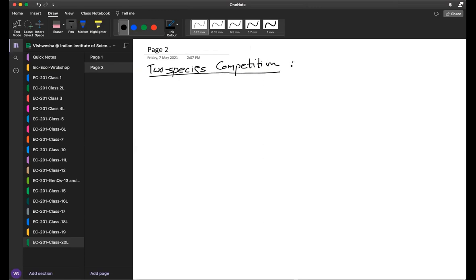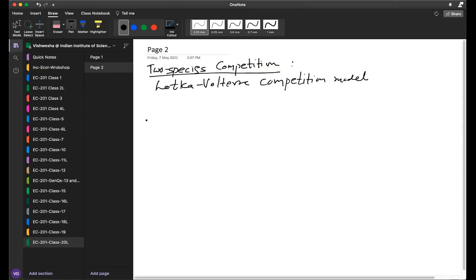In fact, the model we studied is called the Volterra competition model, where we wrote down the species 1 dynamics as follows.